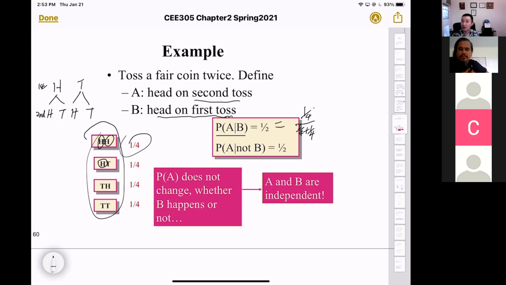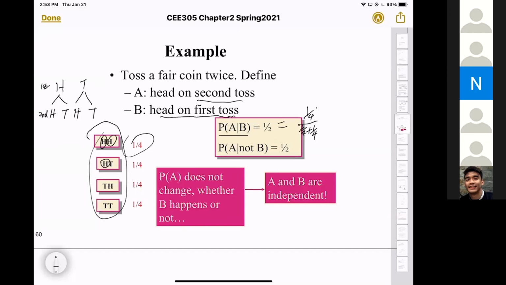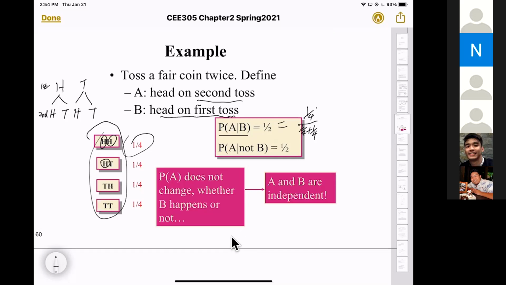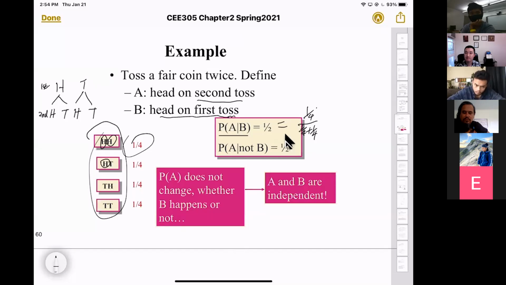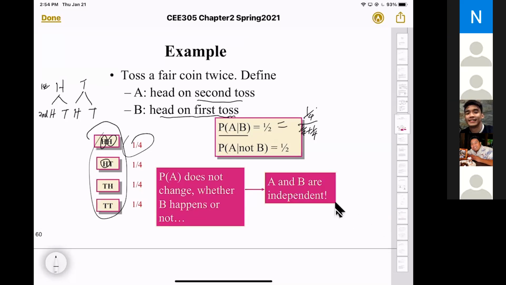I think there's something wrong with the sound. Yeah, I also heard that. Anybody, please mute your microphone, please. Sorry. I don't know what happened.